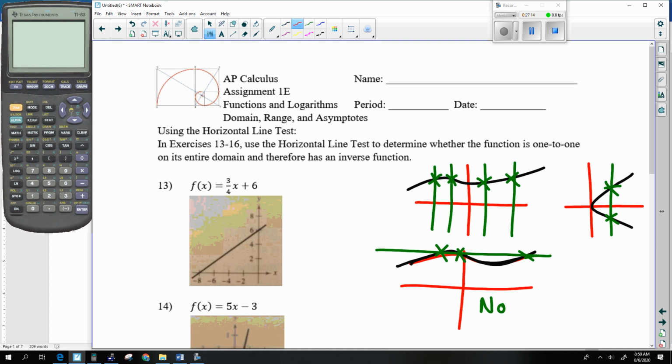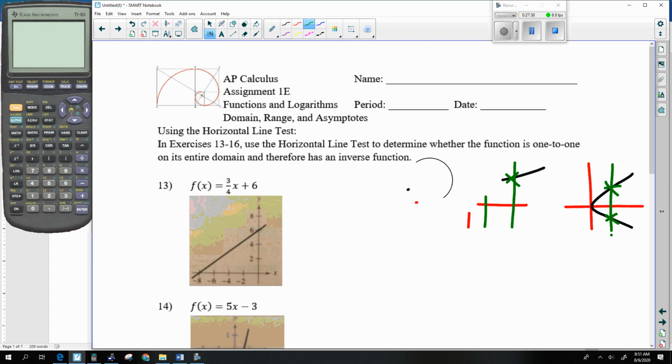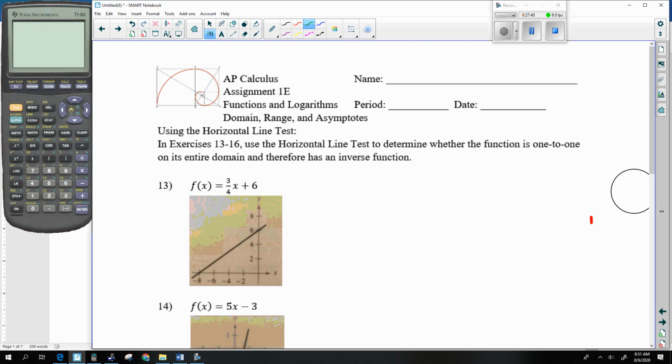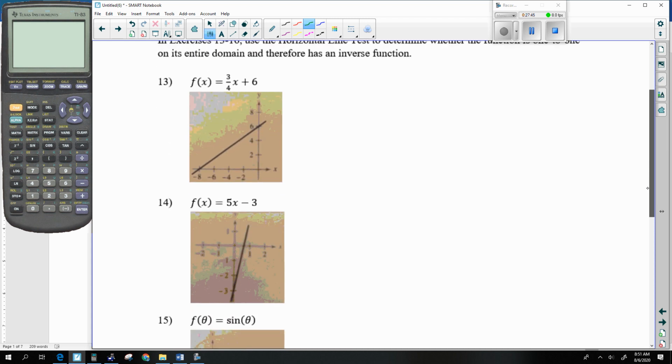This picture over here. Does this pass the horizontal line test? Yes, this does pass the horizontal line test. This would have an inverse. I hesitate to say that it has an inverse going that direction, but anyways, that's the horizontal line test.